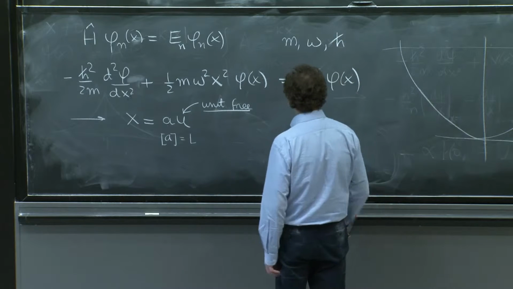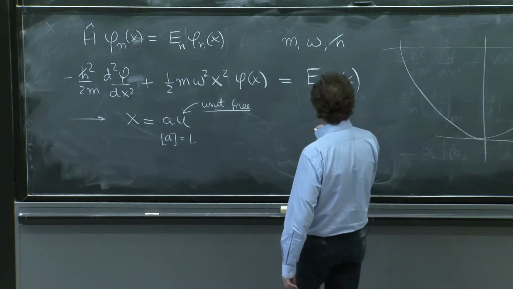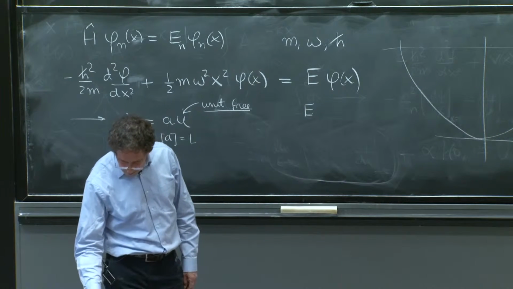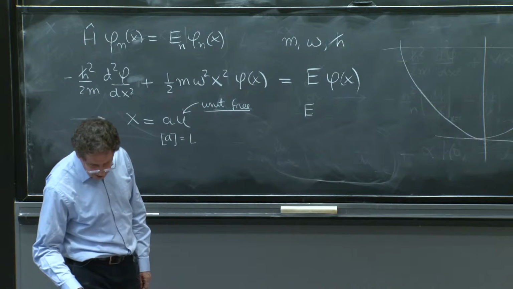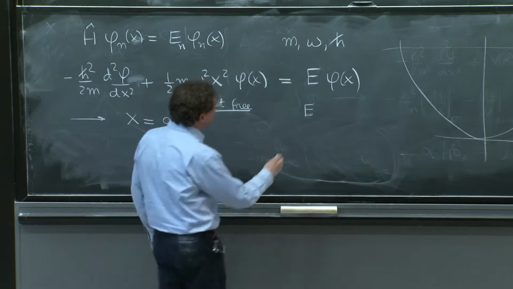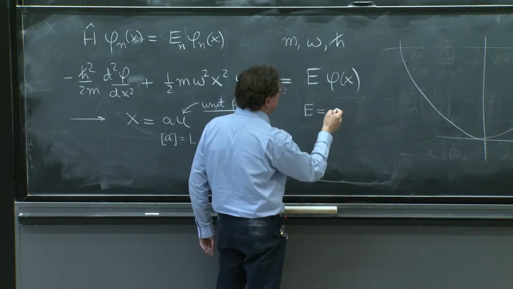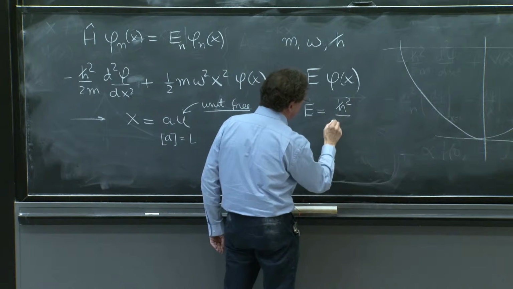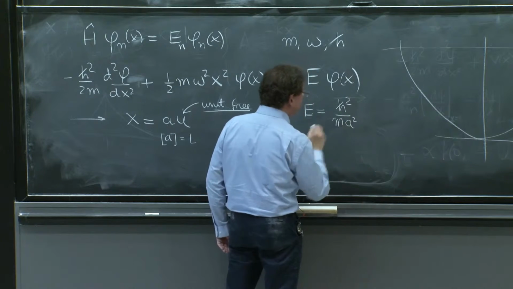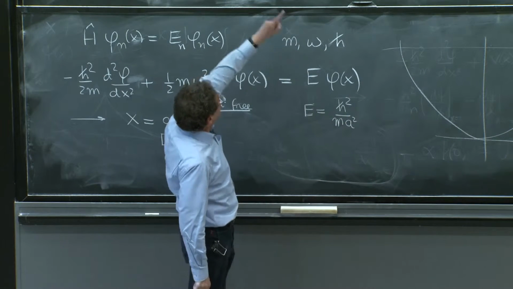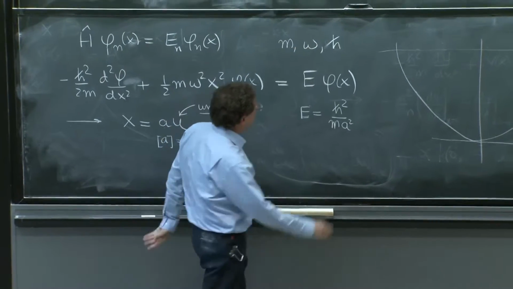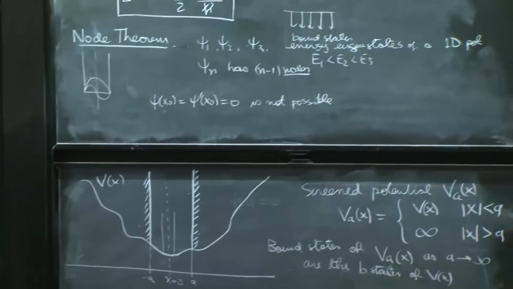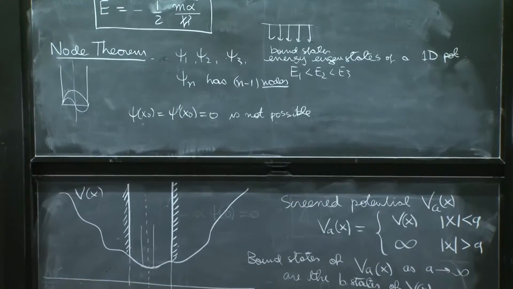How do you find a constant with units of length here? Well, energy you can write in two ways. The energy can be written as p squared over m, so it would be h bar squared over m times a length squared. But from the potential, it also has the units of m omega squared a squared.